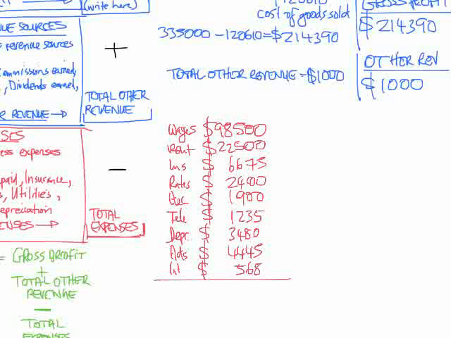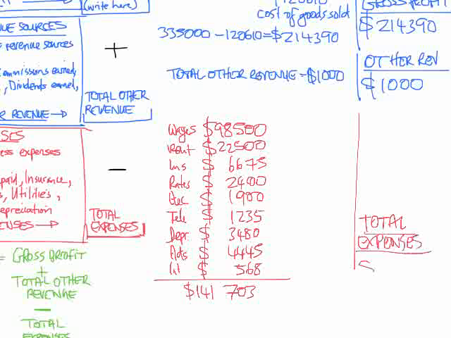So if you total that up, total expenses, that's going to be $141,703. So you also, again, have the element that you need to put on the side. Total expenses of 141,703.